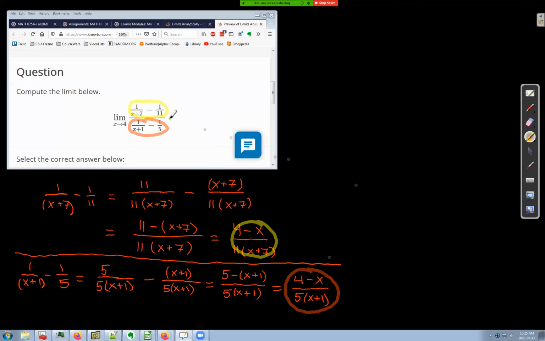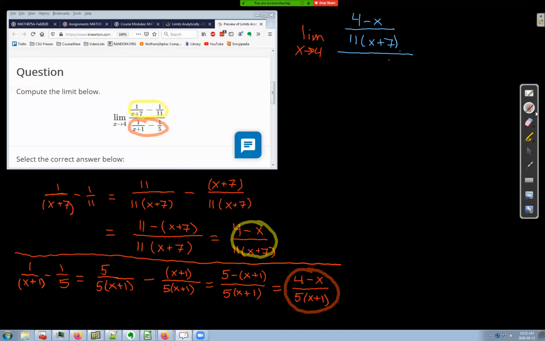So that means this whole limit, the limit as x goes to 4, I can rewrite as 4 minus x over 11 times x plus 7, because that's what we said the numerator simplified to.